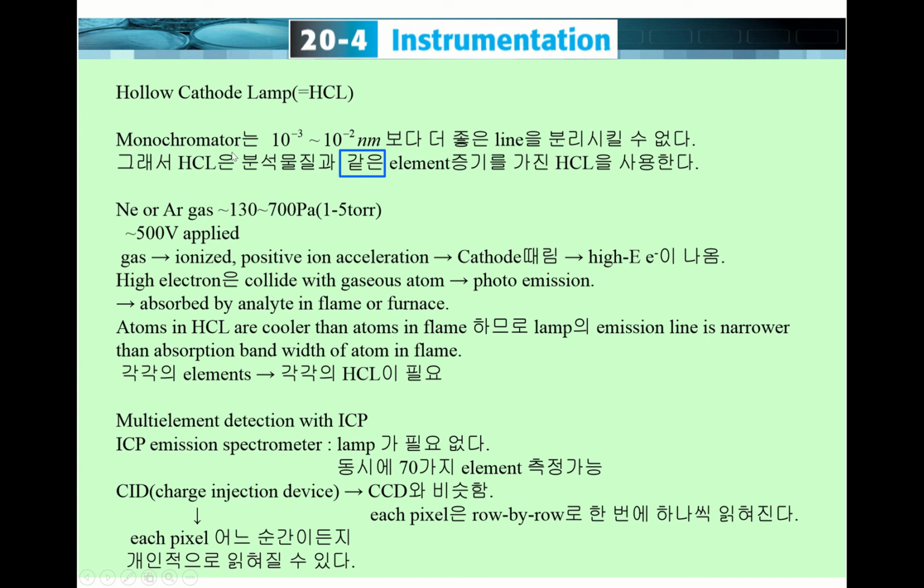But you need much higher resolution for atomic absorption or atomic emission spectroscopy. So you need a hollow cathode lamp whose element is the same as the element you want to analyze.